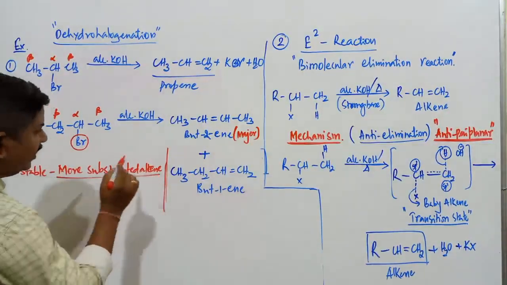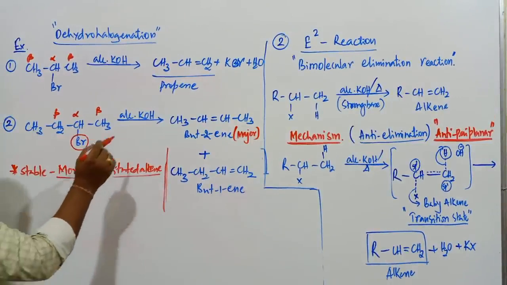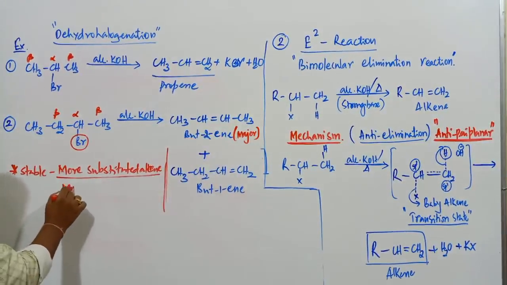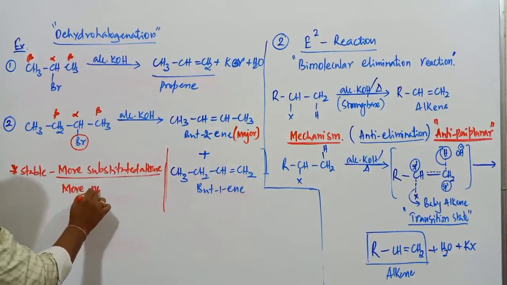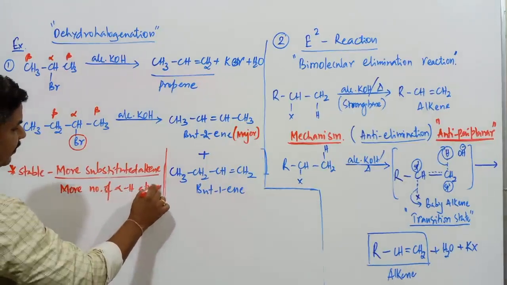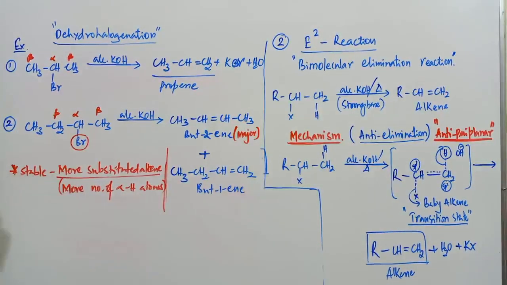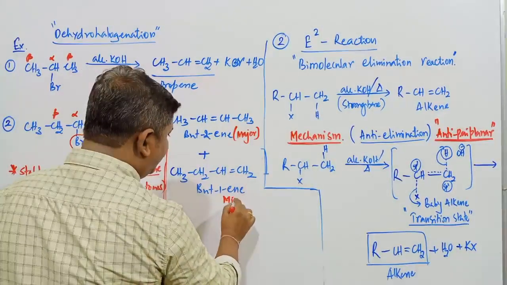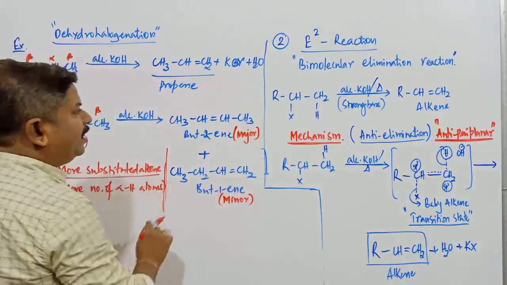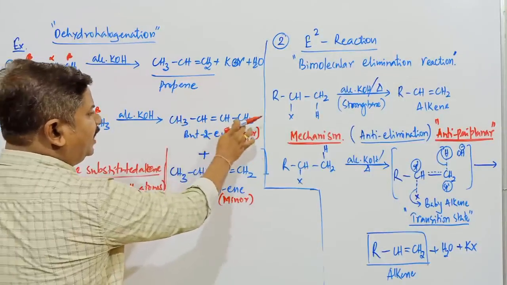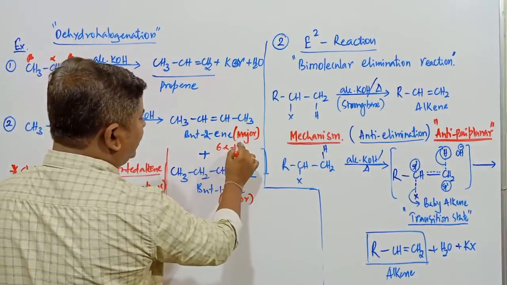More substituted alkene means the compound with the alkene which has a greater number of alpha hydrogen atoms. Wherever more alpha hydrogen atoms are present, that particular alkene is going to be more stable, and that is the major product, and this one is the minor product. What is the number of alpha hydrogen atoms here? At this carbon-carbon double bond, 3 and 3, totally 6 alpha hydrogen atoms are present.